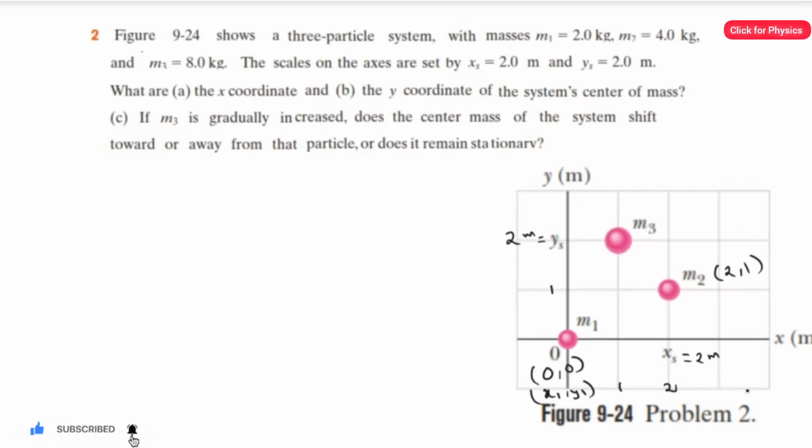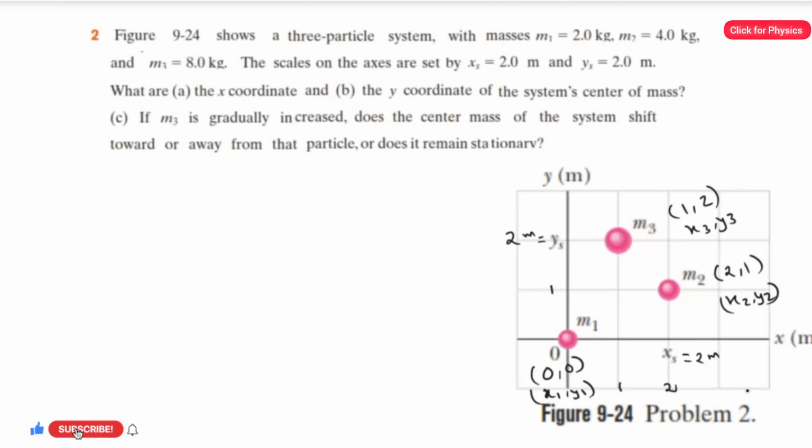Because you can see the x-axis value is 2 and the y-axis value is 1. So the location of mass 2 is 2, 1, which is x2, y2. And the location of the third particle is 1, 2. The x-axis value is 1 and the y-axis value is 2.